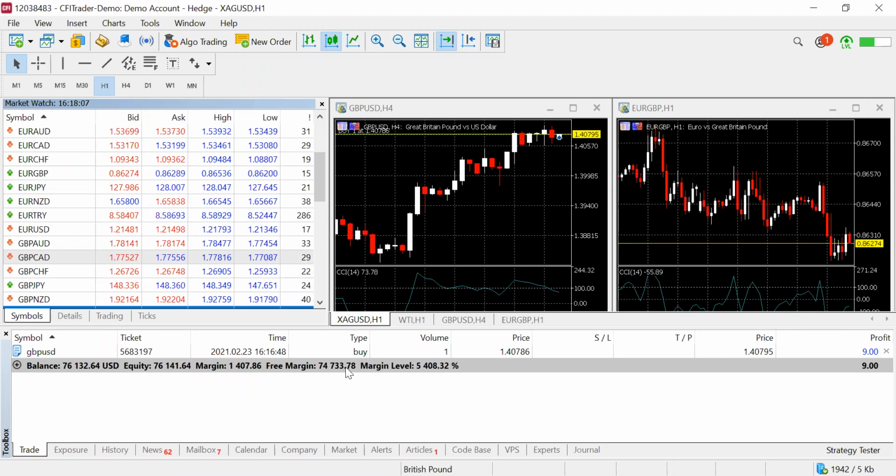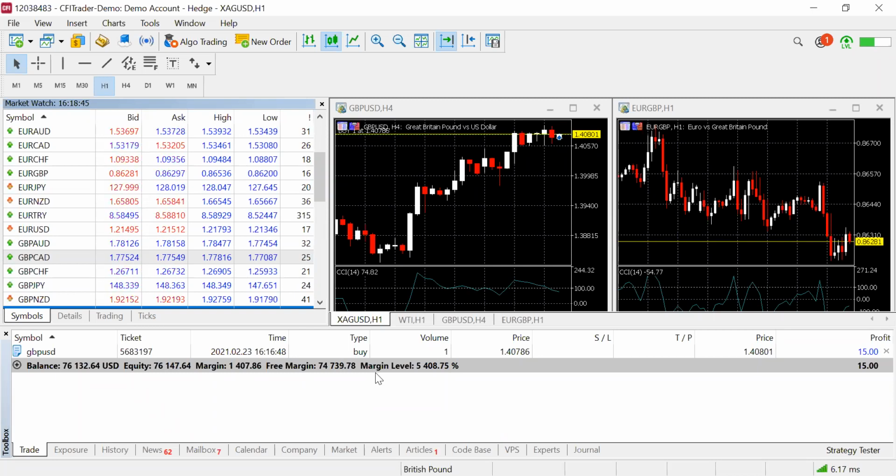Then your free margin, well, that is the amount available to open more new trades or new positions. And the next one would be margin level. This is very, very important to know, simply because once you see your margin level lower than 100%, that means that you won't be able to open any new positions anymore, unless you either close one of your existing positions or you hope one of your losing positions becomes profitable, and then that margin level will go up.